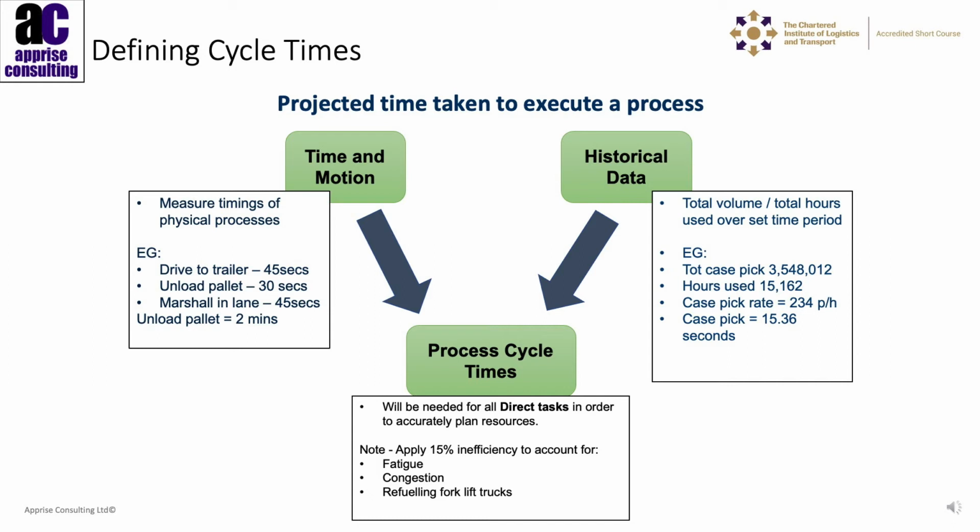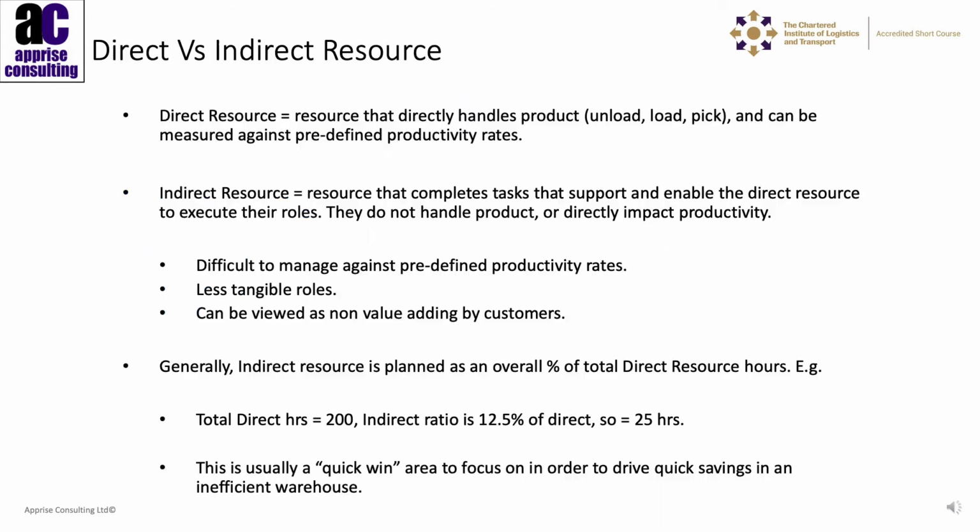So in terms of the process cycle times, we might also want to apply a 15% inefficiency rate as well to account for fatigue towards the end of the day, congestion at the inbound or outbound area, and for refueling the forklift trucks.